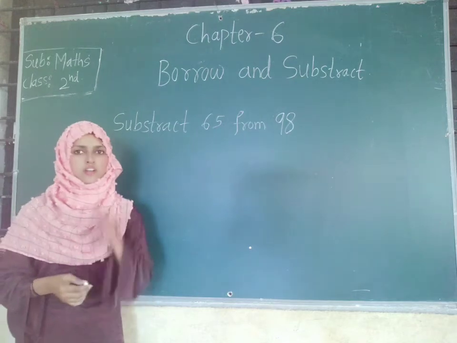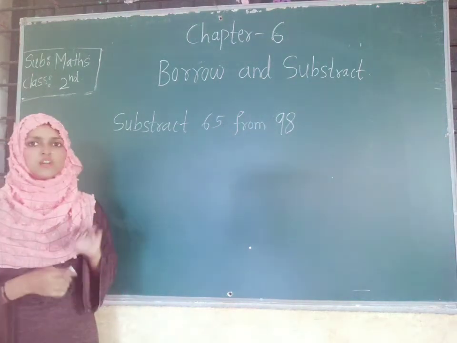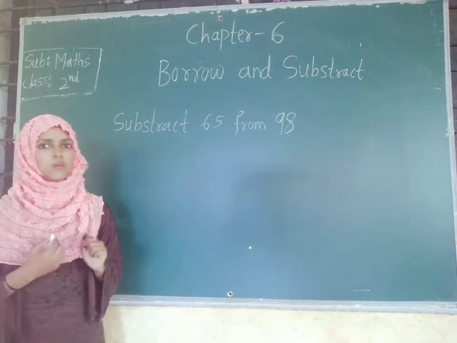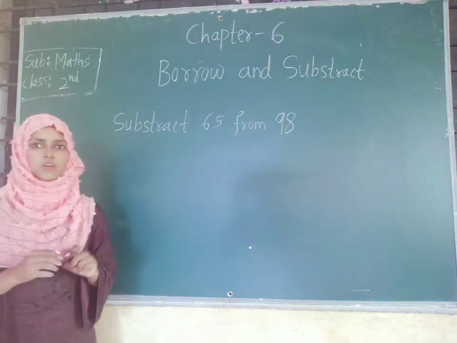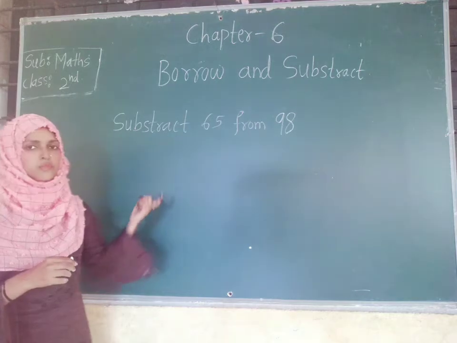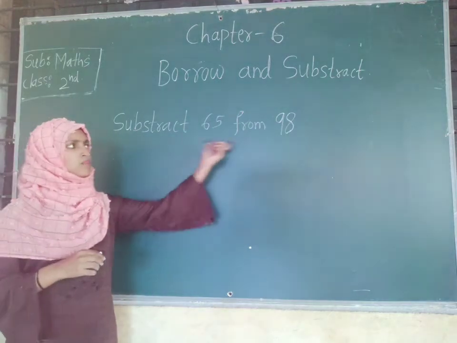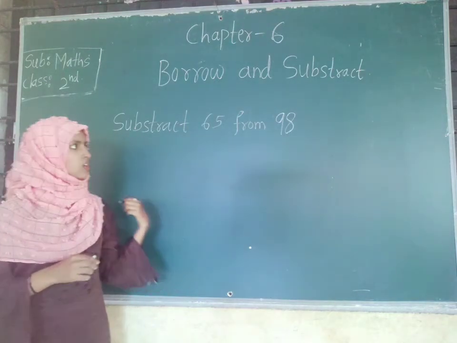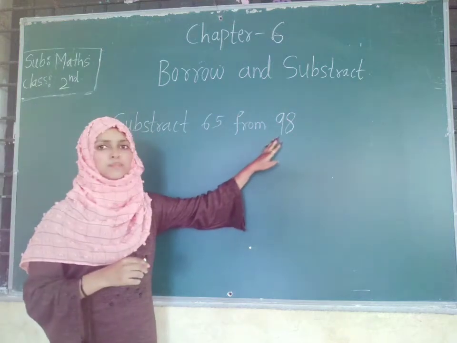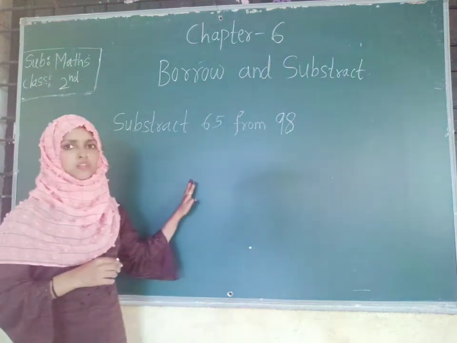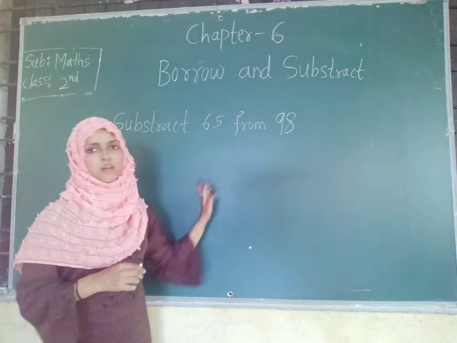So children, now let us discuss about subtraction of two-digit number without borrow. How to solve subtraction of two-digit number without borrow. Okay. So children, in first step we need to write these numbers in columns. Keep in mind we need to write the bigger number first.